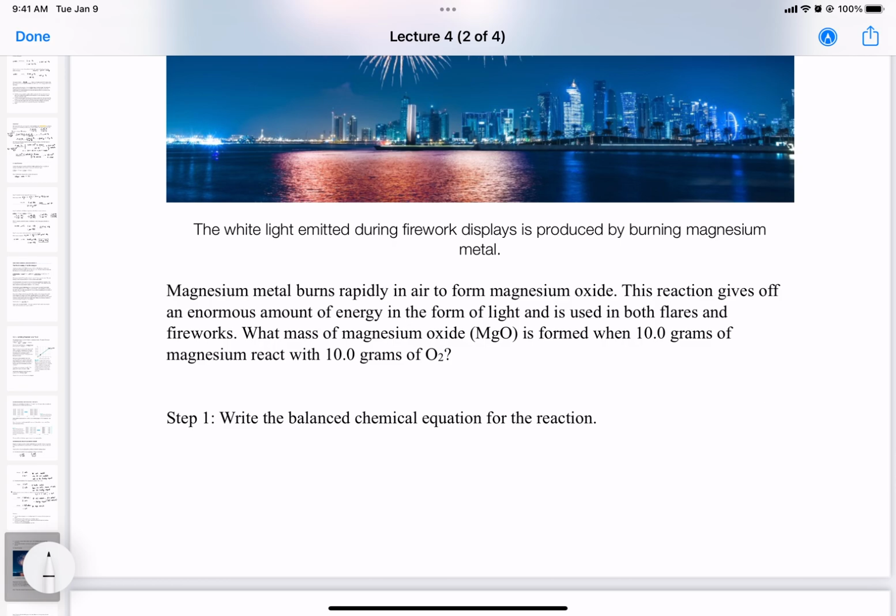We know we have magnesium metal, so we write magnesium solid, plus oxygen gas, O2. When we say in air, we mean with oxygen. It's a term that means with oxygen. If it referred to anything else in the air, we would specify what.